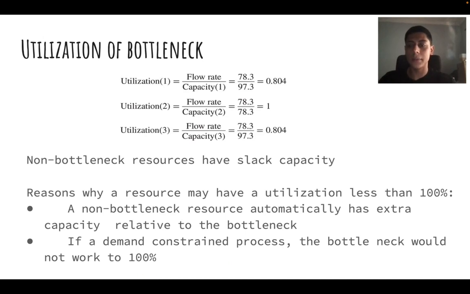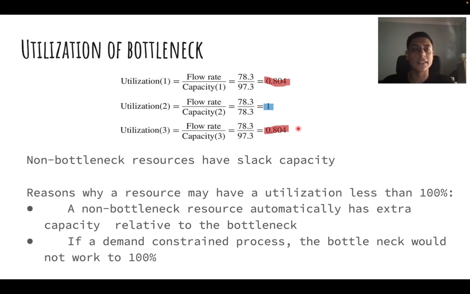So keeping those same calculations in mind, the second process has a utilization of 1, which would equal 100%, while the other two have a utilization of 0.804, which is equivalent to around 80% utilization. These would be known as non-bottleneck resources.